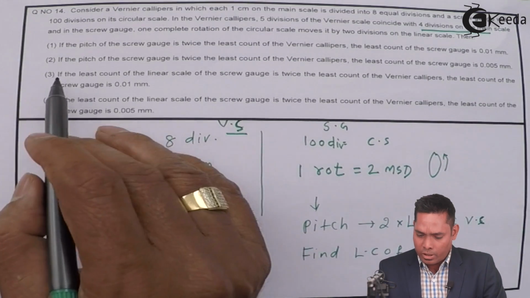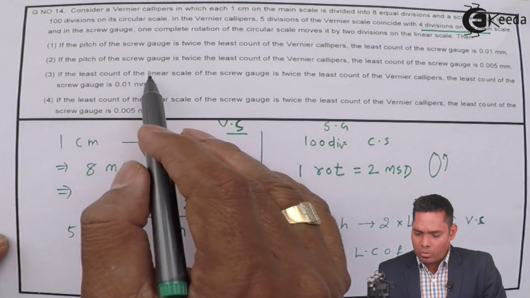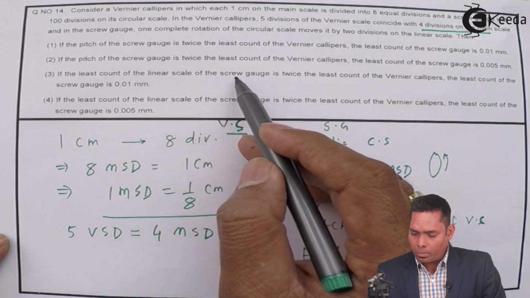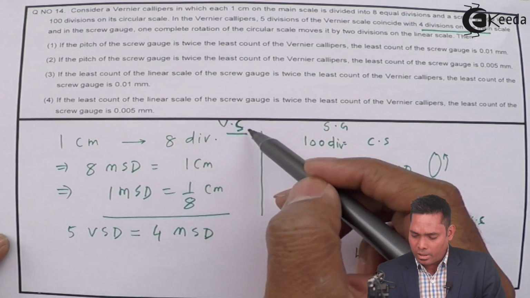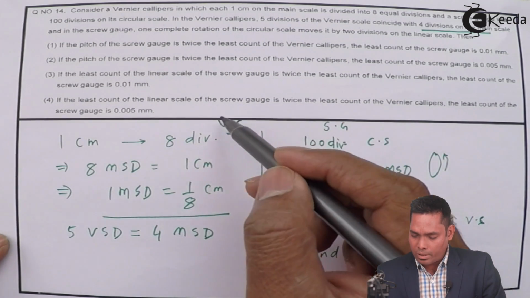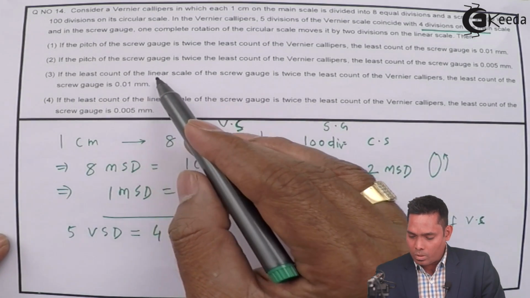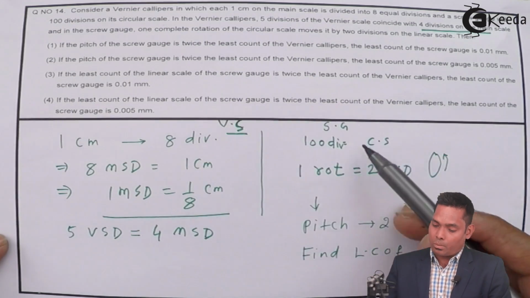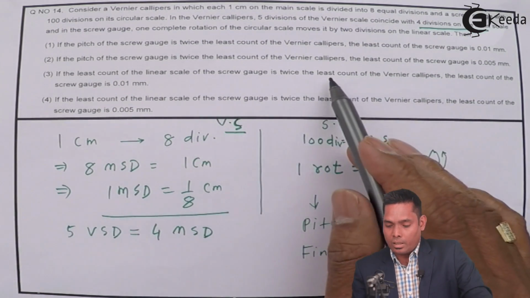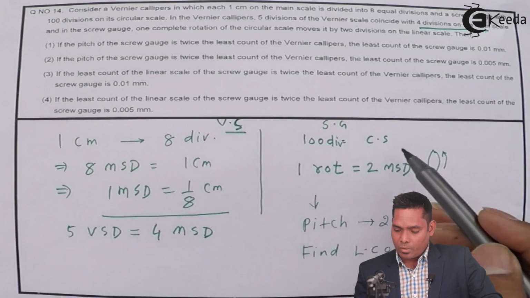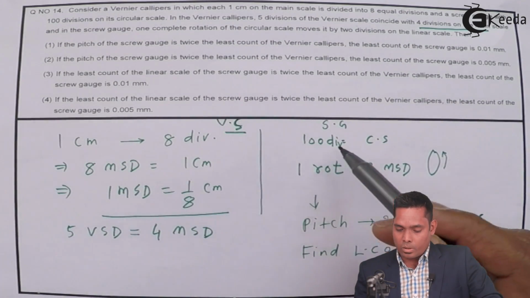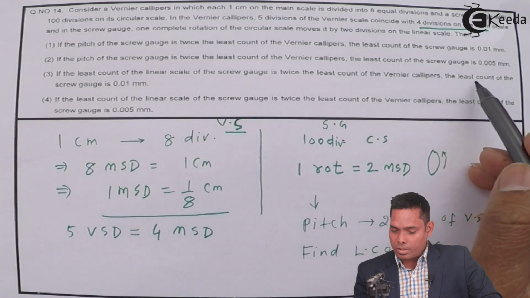So first of all, let us also read all the options. If the least count of the linear scale of the screw gauge is twice the linear least count of the vernier calipers, then what is the least count of the screw gauge?